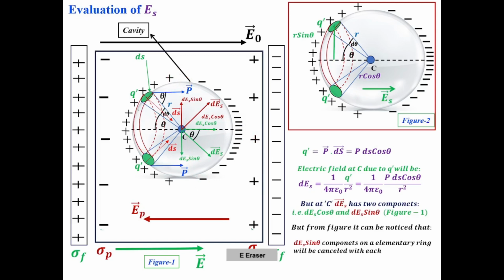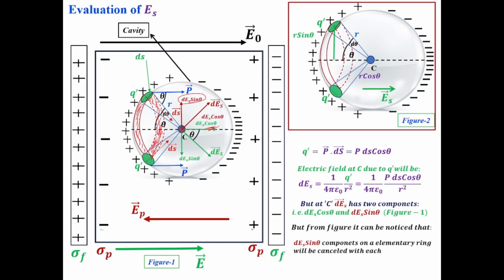So if we consider the entire surface area of this ring and the corresponding electric field intensity at point C, the net electric field intensity due to this elementary ring will be the addition of the cos theta components, whereas the sin theta components are going to be cancelled.